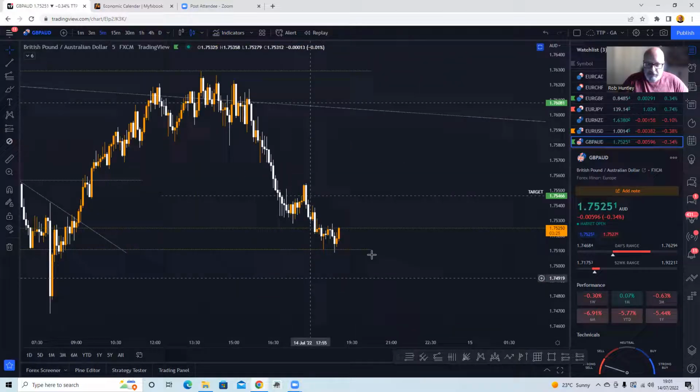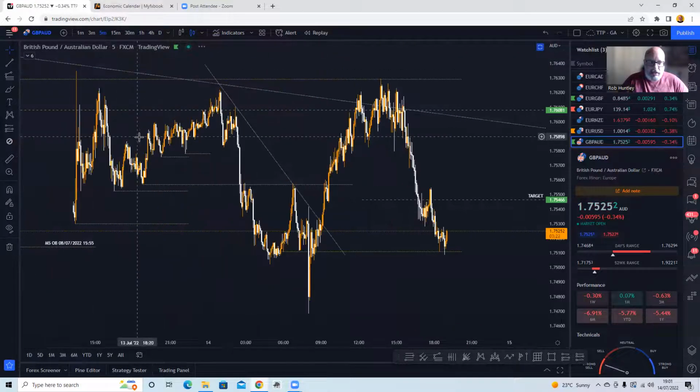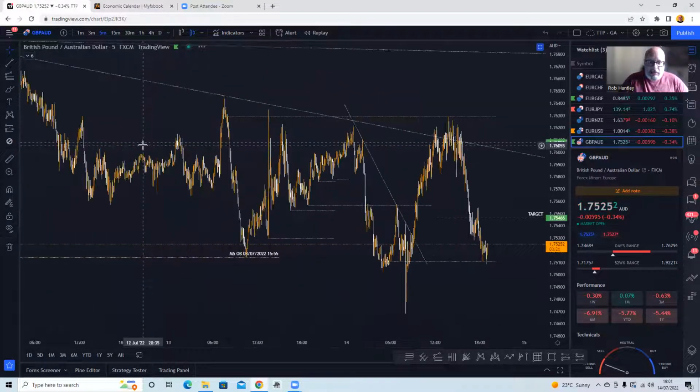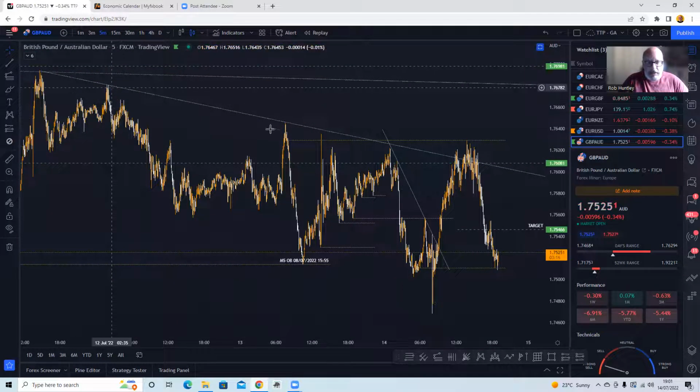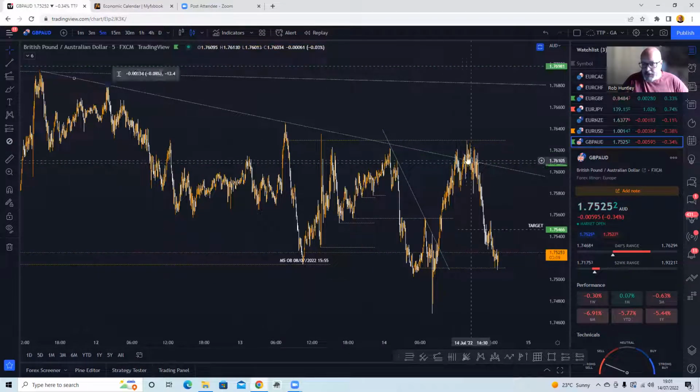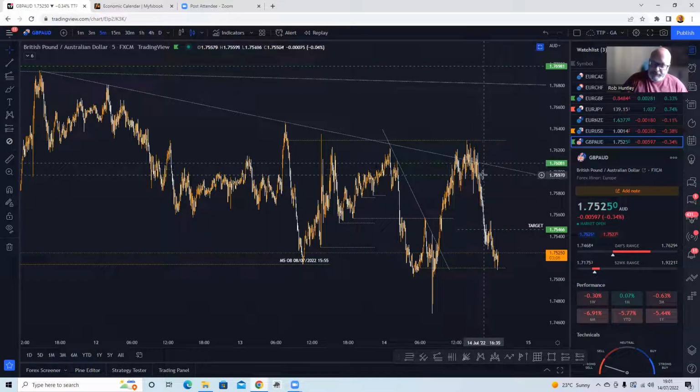So back to the 5 minute. So that's where that trend line is coming from here. It's from that high there, getting a touch there, didn't quite get one there, didn't quite get one there, and then obviously this movement has just gone past that trend line, and then reacted and come back down again.